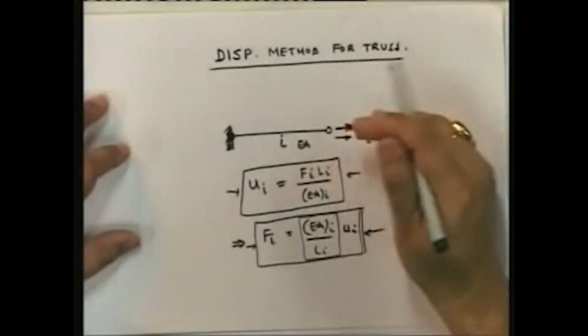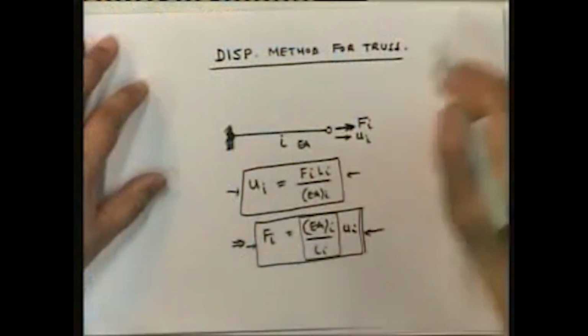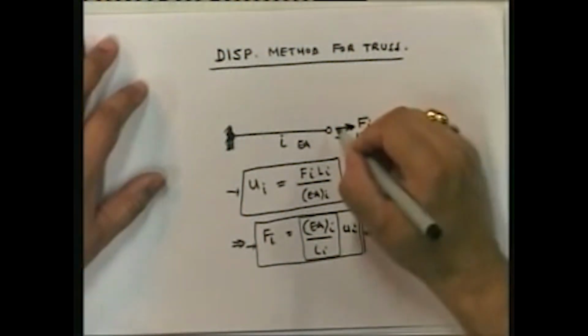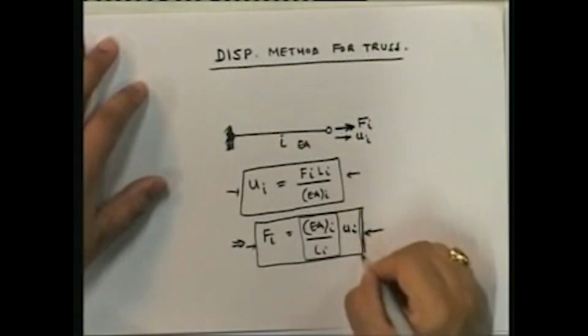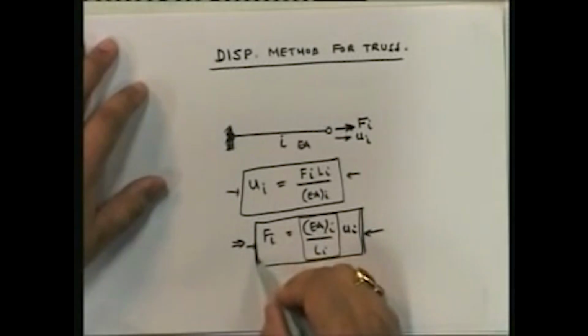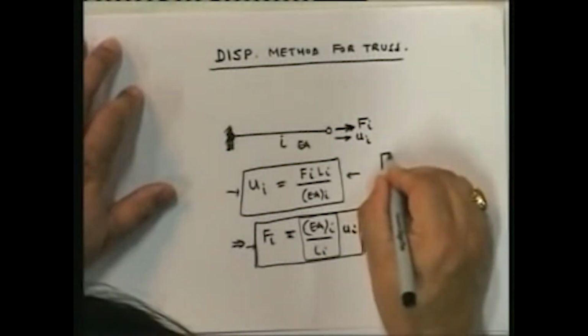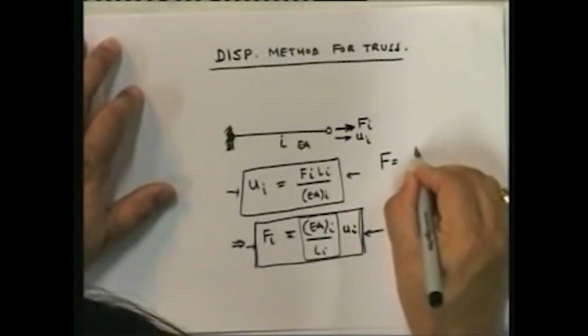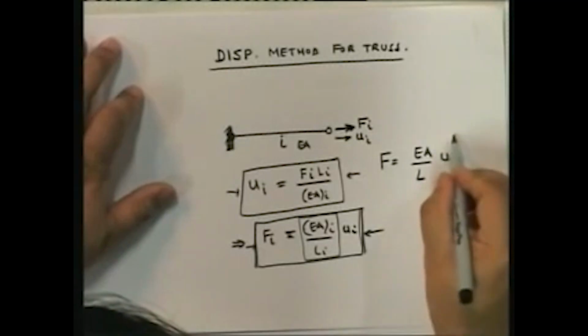By and large in trusses, you do not have forces acting in the center. You normally always have member end forces, and that is the reason why the force deformation relationship is essentially this for a member. So I can write it as F is equal to EA by L into U.